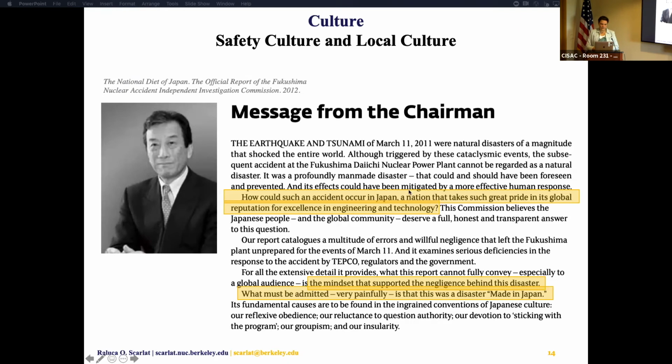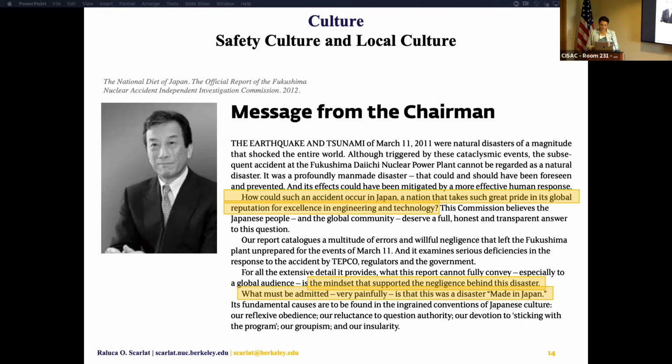It provides harsh criticism on the mindset that led to the Fukushima accident.